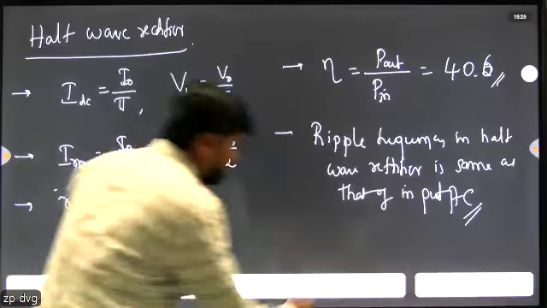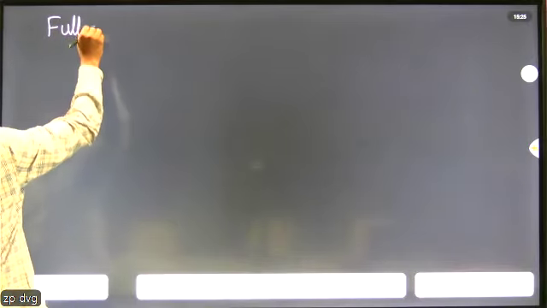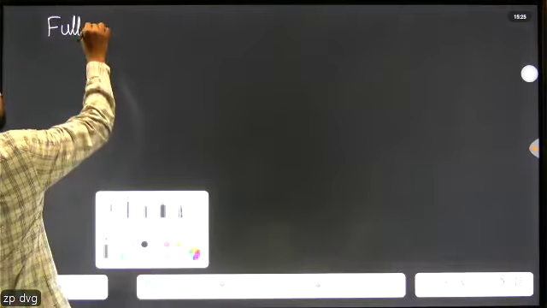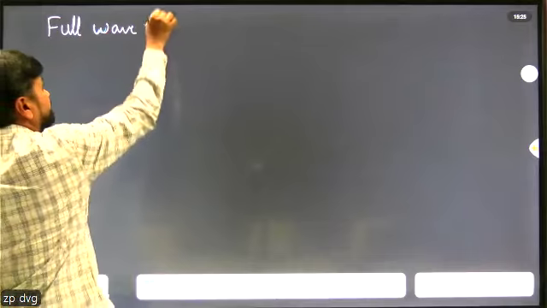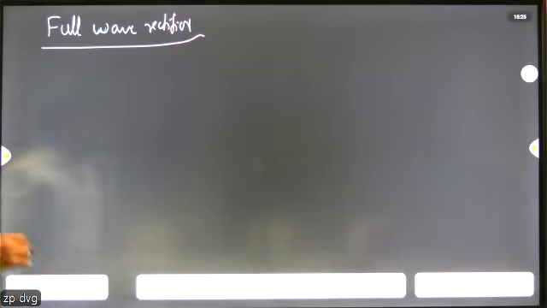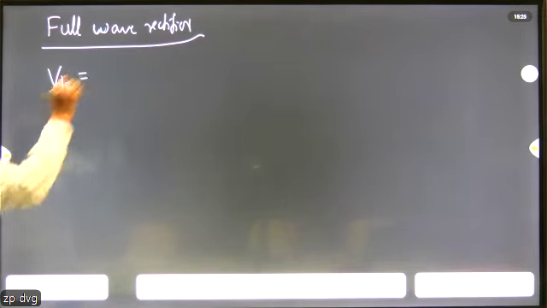Now we can switch on to the next one. Full wave rectifier. In case of full wave rectifier, the average output VDC is equal to the average voltage.